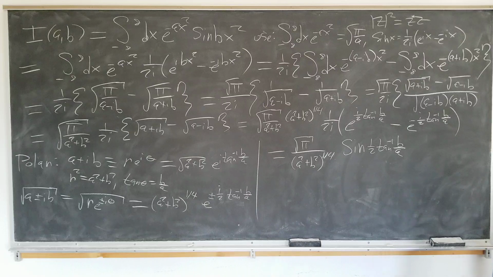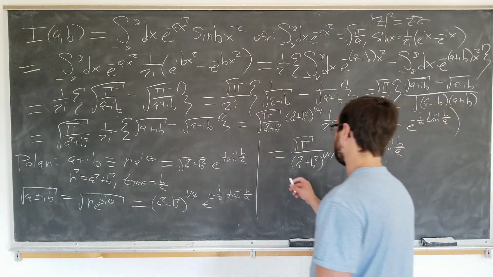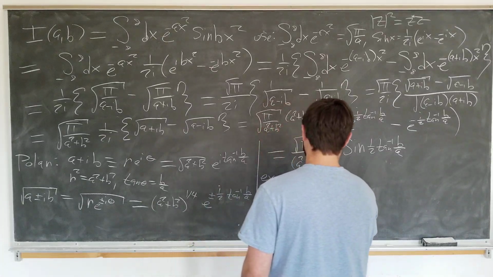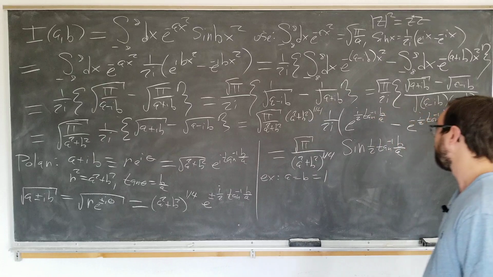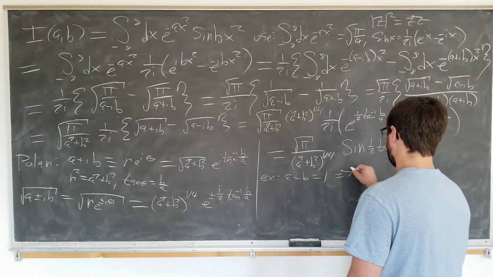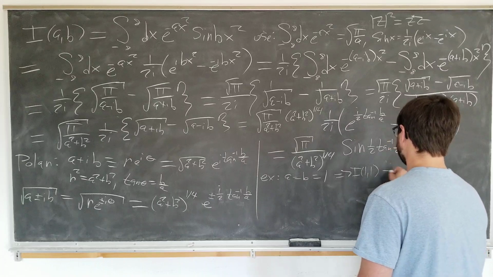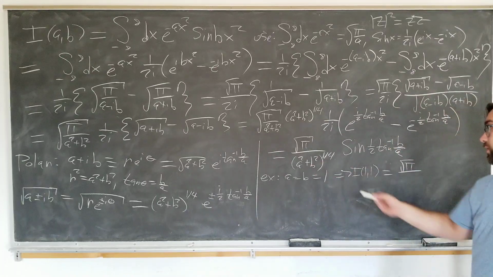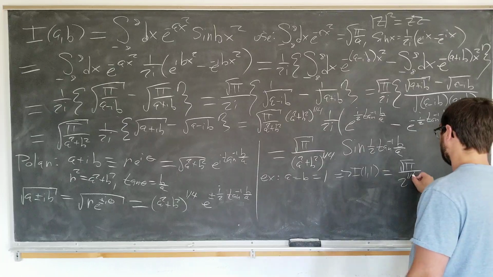We can actually do some interesting work with this. For example, we just want to plug in a equals b equals 1 here. If we do this, then we have I of 1, 1 equal to square root of pi over 1 plus 1 is 2, so 2 to the quarter.